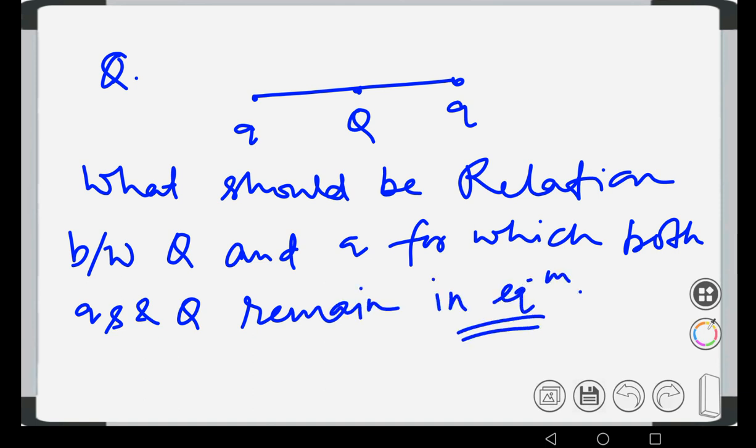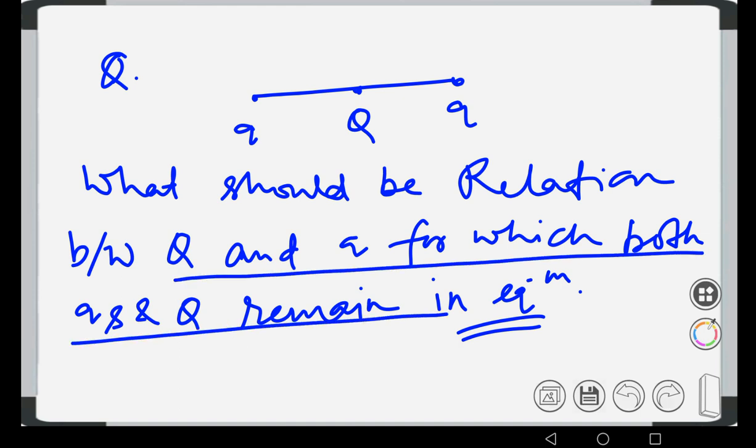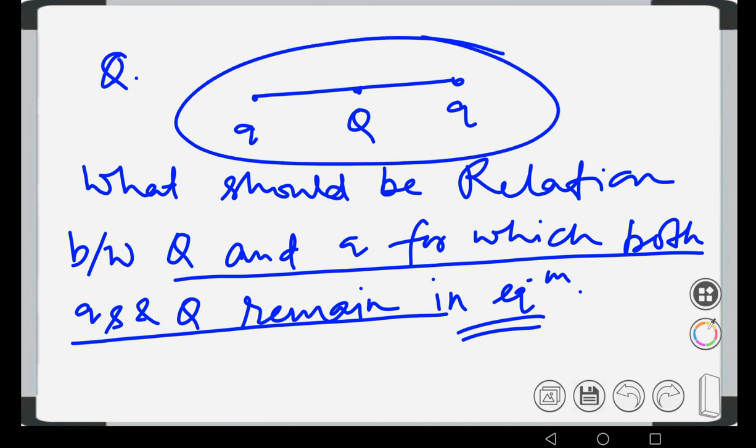This is a different kind of question, and we will be dealing with such questions now. This is a very important question. Now we are being asked not about the equilibrium of one point, but about the equilibrium of the entire system. Instead of writing so much, we could have equivalently written the question as: what should be the relation between capital Q and small q for which the entire system remains in equilibrium.